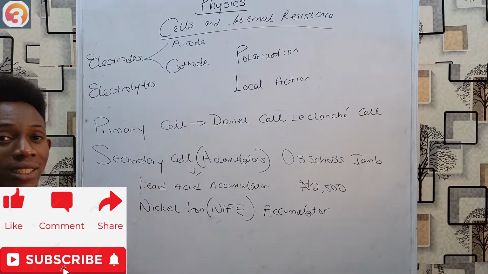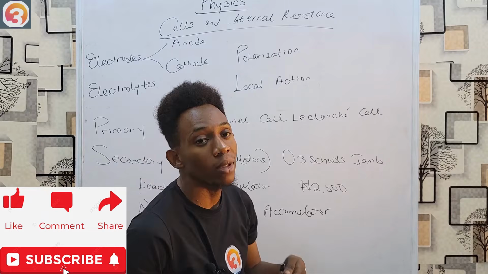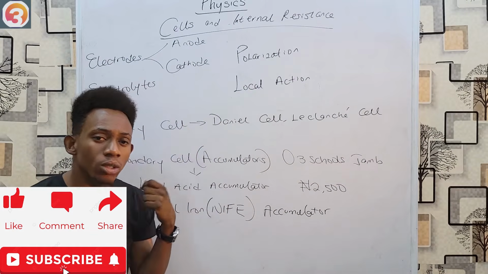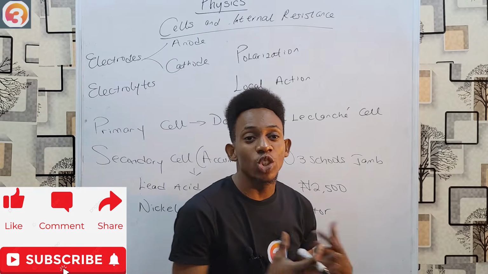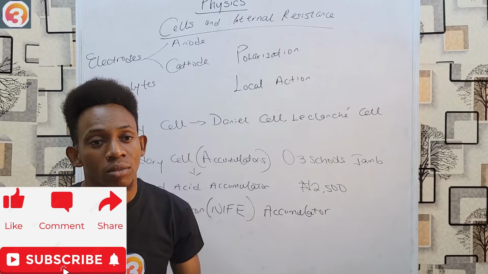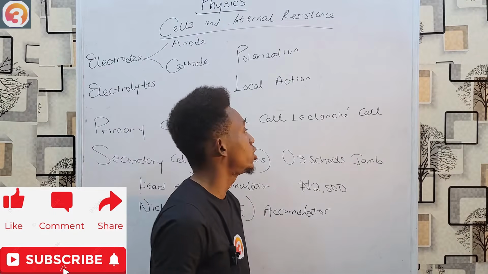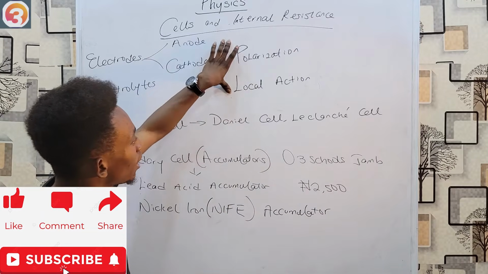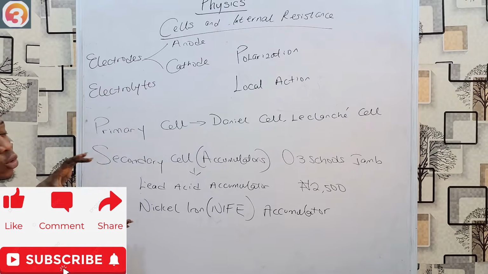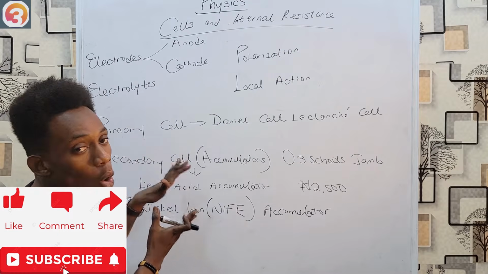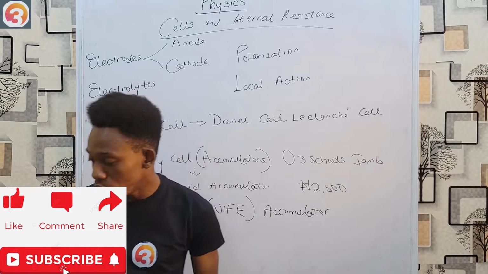Polarization is the deposition of hydrogen bubbles at the copper plate of the primary cell, while local action is a form of self-discharge, which makes the cell keep on discharging current even when not in use, and is usually caused by the presence of impurities in the cell. So these are two defects that affect your primary cells, but which do not affect the secondary cell in any way. And those are our types of cells.